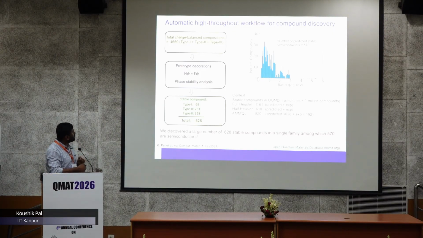For example, in this quaternary AMMQ3 family, we have discovered about 800, right? But the full Heusler and the half Heusler are 600 and 1100 and so on. But Heuslers have been studied for over 50 years, right? So compared to that, this number is really significant. That means we have discovered new compounds in a family which people haven't looked at much earlier.